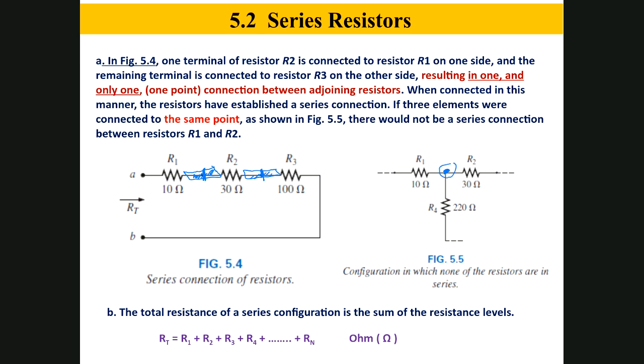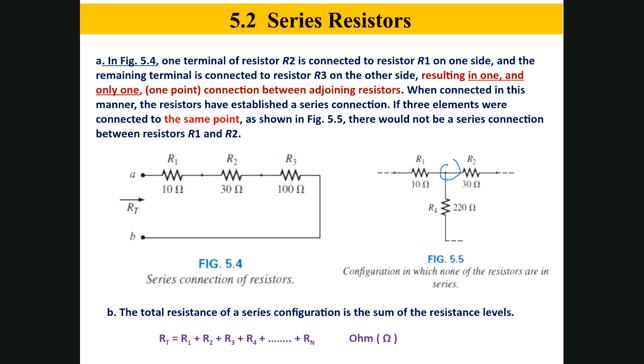Suppose we eliminate this one, so I only have R1 and R2, then I can call them series resistors. But since here I have three loads joined by one point, this configuration is actually called a star configuration.